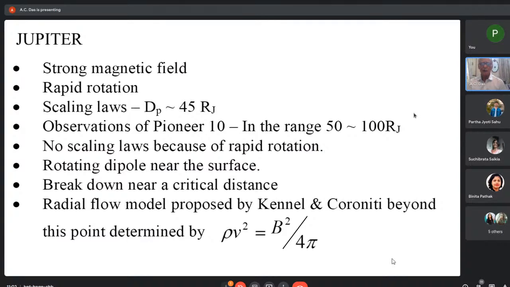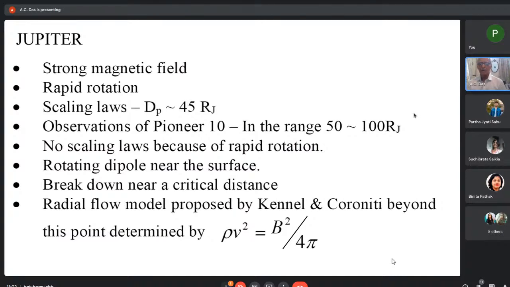The dipole could be co-rotating near the surface because of the rotation, but it can break down near a critical distance where the rapid rotation gives you a centrifugal force that is so large that it cannot be contained by the magnetic field tension. It can go out.